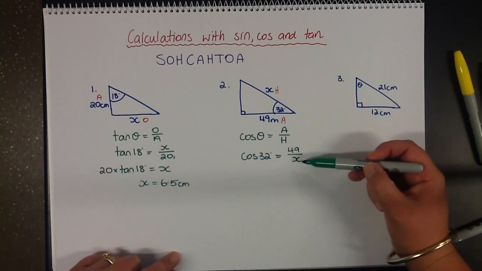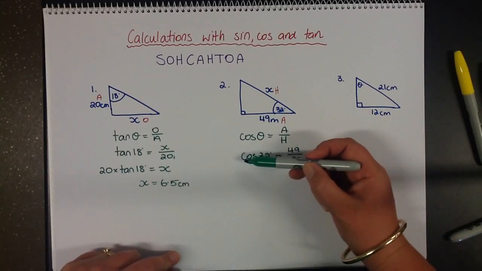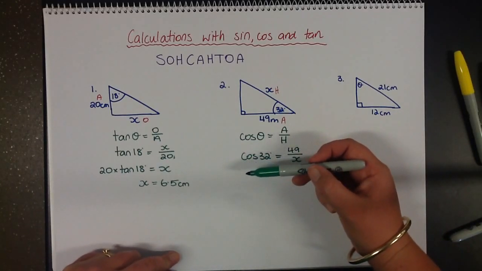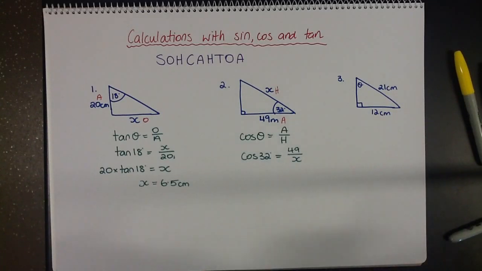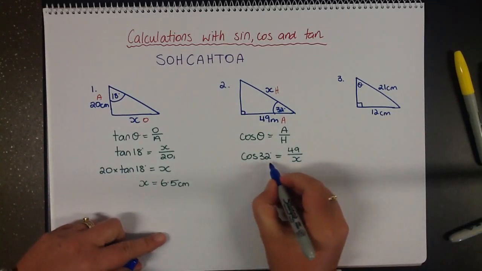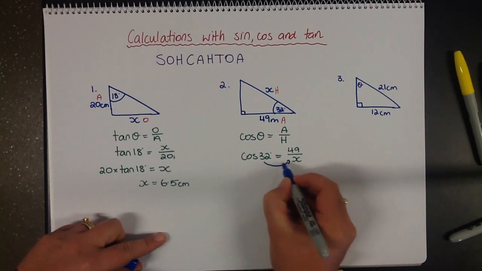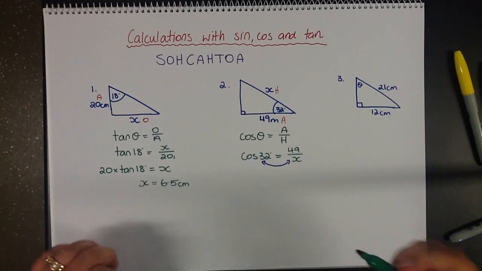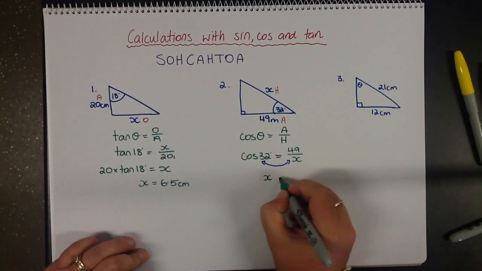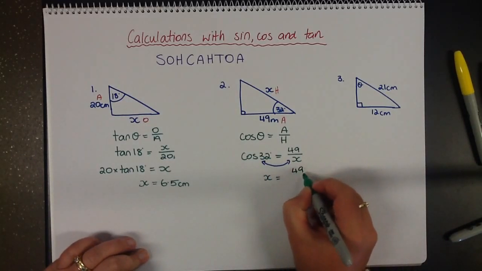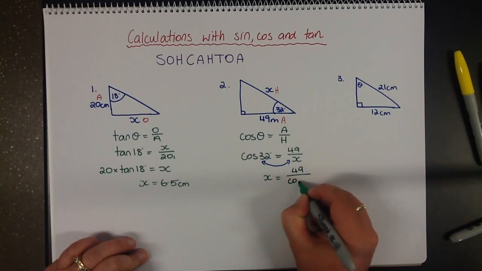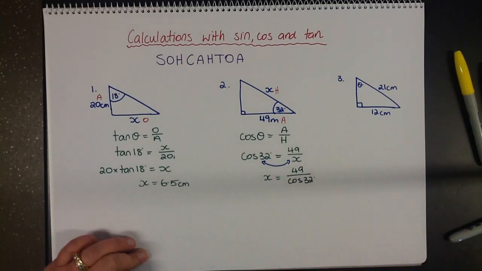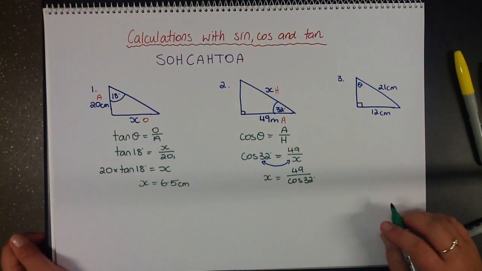When our variable is on the bottom, we can't take the x across the other side and multiply because it doesn't actually solve our question for us. So we do something sneaky. The x, or the variable, and what's on this side of the equation actually just swap places. So my x is going to go on this side, 49 stays where it is, and cos 32 goes down to the bottom of the fraction.